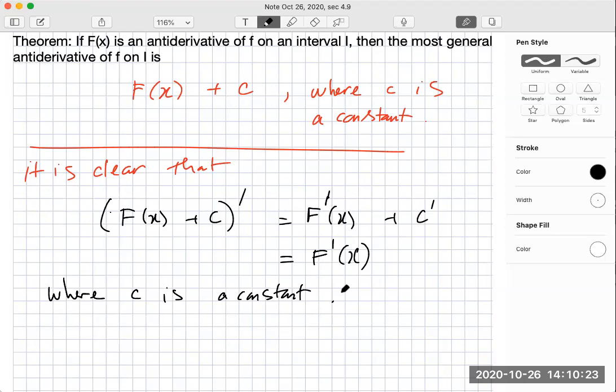Now let us try to do some simple examples.